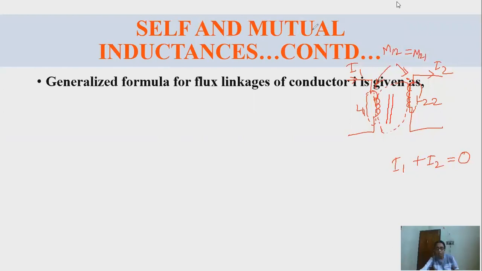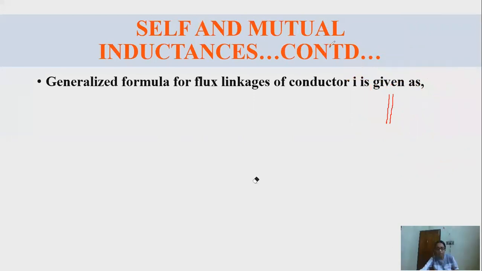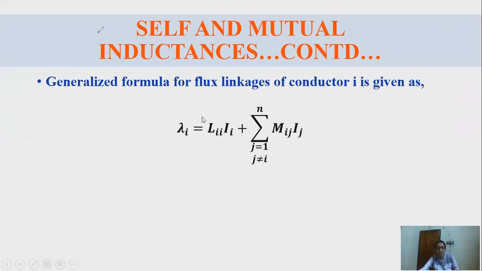The generalized expression for the flux linkage can be written as lambda equals the self part, LII, plus the summation of the mutual flux linkages, Mij, with j from 1 to n but j not equal to i.